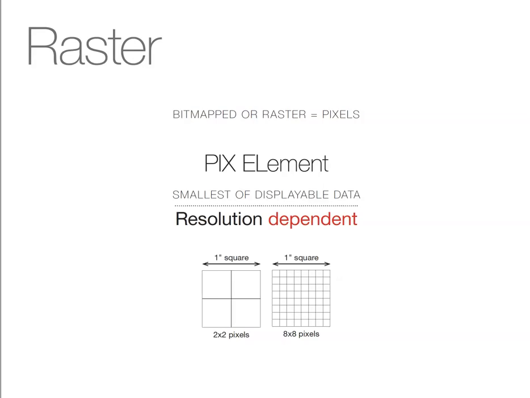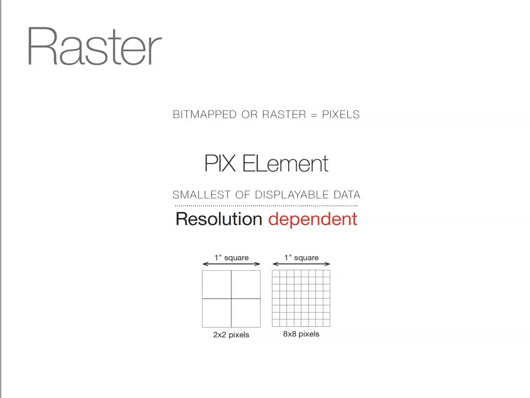The pixel has size when it's born. When that pixel is developed either from your camera when you take a picture, your file when you scan something, or when you go in Photoshop and say, I want to create something new, you define the pixels. And resolution is all about how many pixels and how big are they.